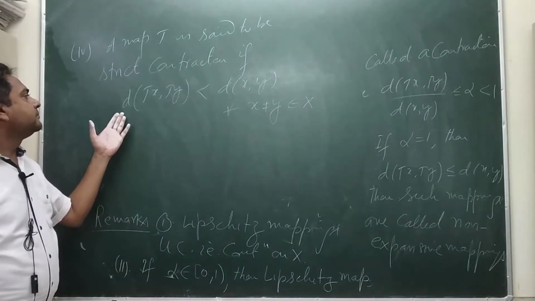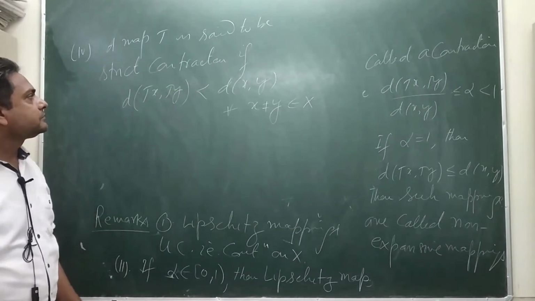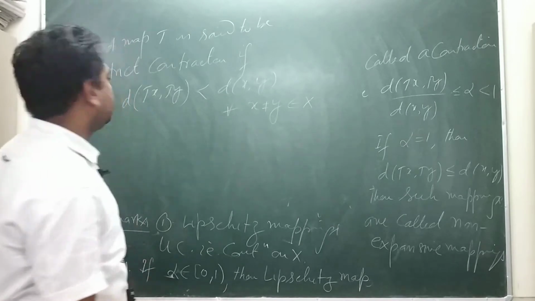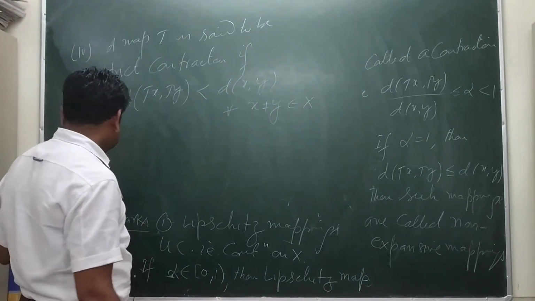So this is called the strict contraction, but some authors call it a contractive map also.